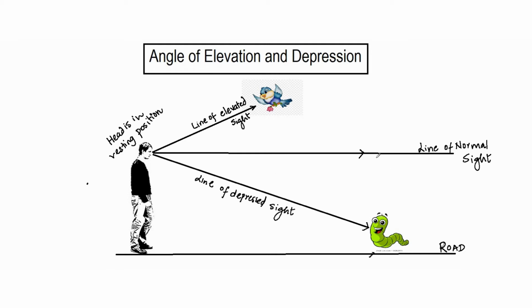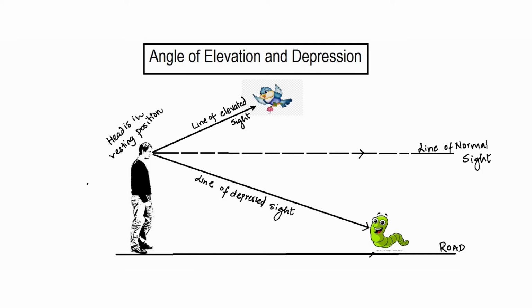So let's take a look at this again. When the head is in the resting position, the line of sight is called the line of normal sight, right? This is the line of vision, and the head is in the normal position, and that is why the line of normal sight is always parallel to the ground.